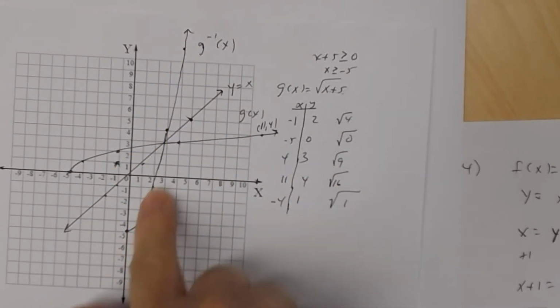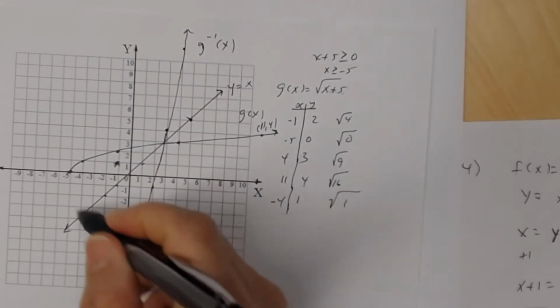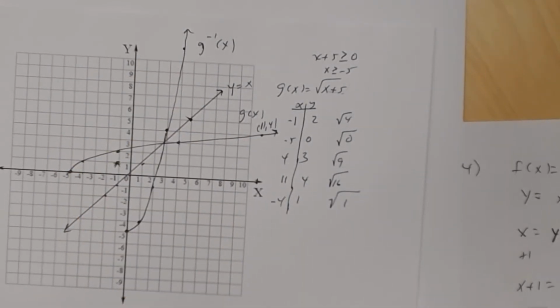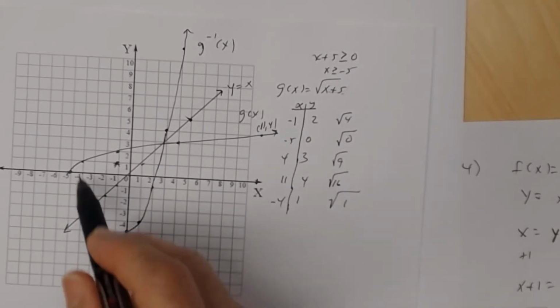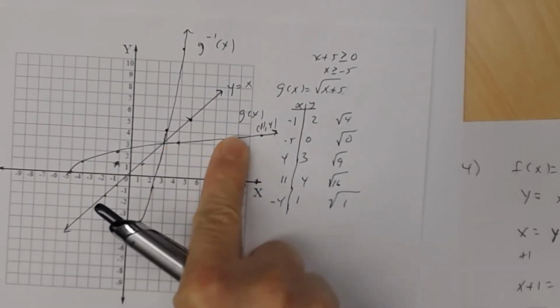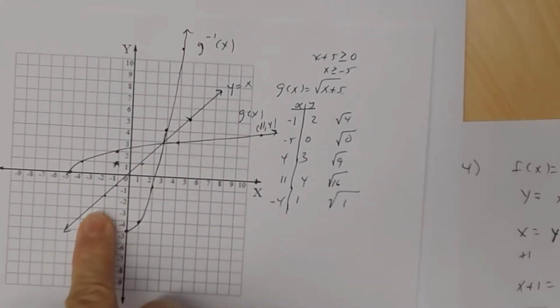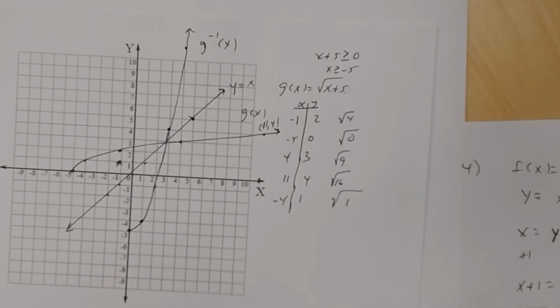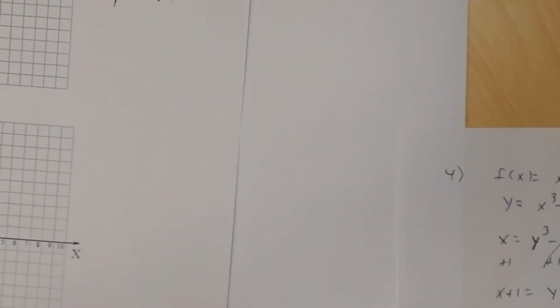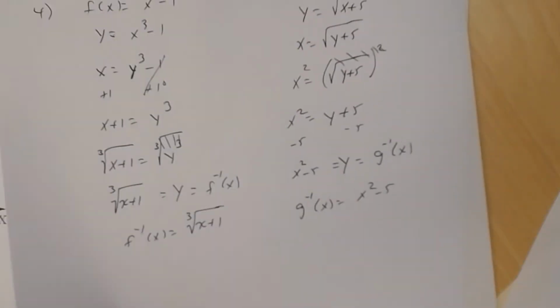Now, what I have is correct right here. That is a graph. So it can't do this because it would no longer be the inverse function of this graph. It would no longer be symmetrical. This right here would no longer be symmetrical to this graph here around the line y equal x. So what we got to do is this now. This is the new part with this. That's what makes it a little bit more complicated.